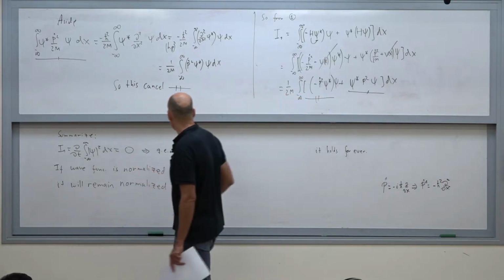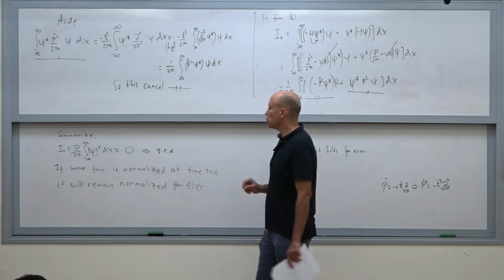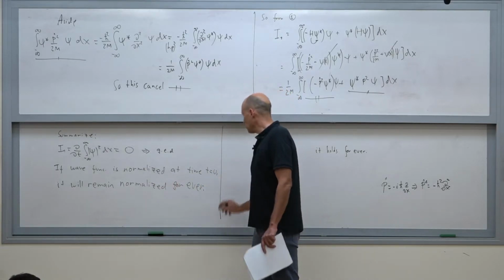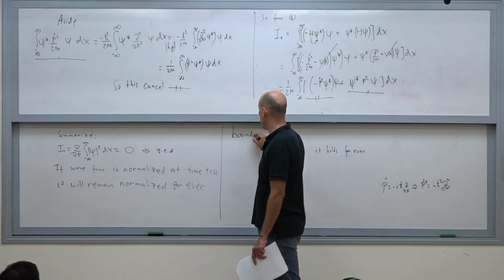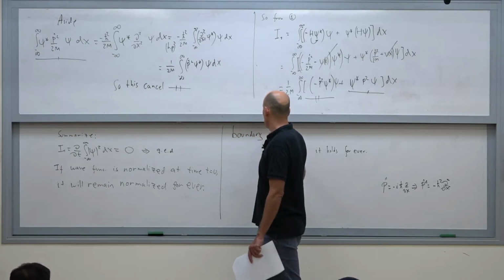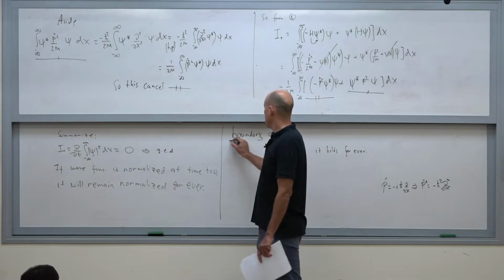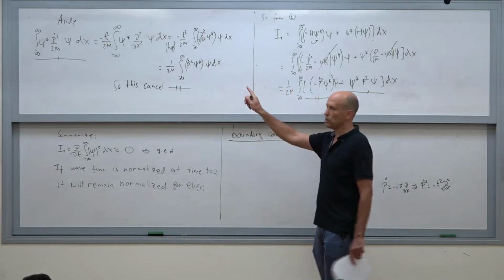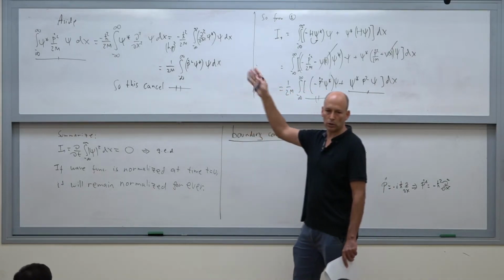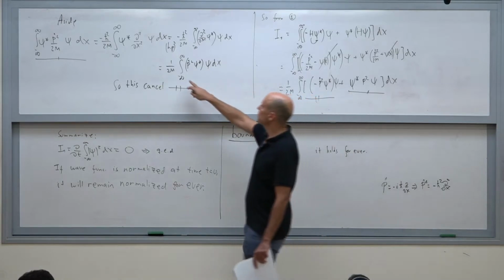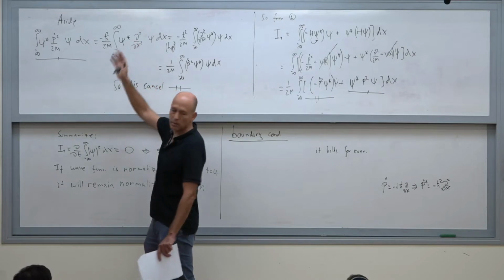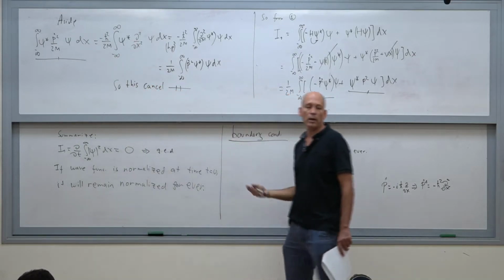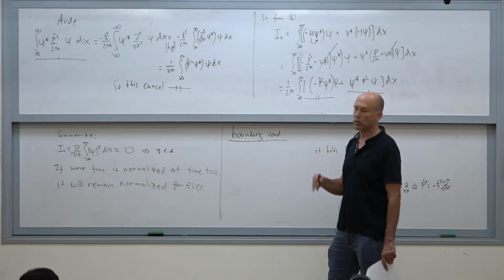Now, we added a slight assumption, and that was the boundary conditions in space. Where did I have these assumptions? When I did the integration by parts, because I threw away the boundary conditions. Because I had this integral from minus infinity to infinity, I did integration by parts. I didn't take into consideration the derivatives and the wave function at the origin.